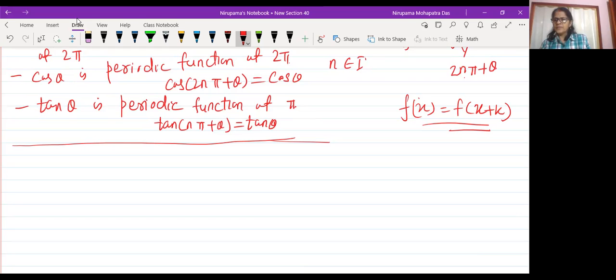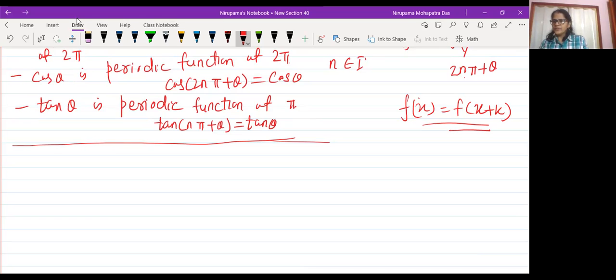So we breathe in, breathe out in a regular interval of time, right? If you say yoga, pranayam, whatever breathing exercises you are doing, it follows a definite pattern. So you can relate these to trigonometric functions also.